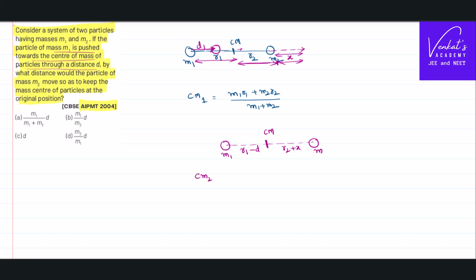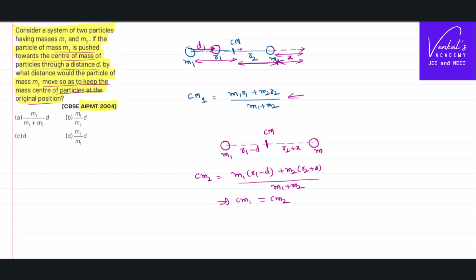The new center of mass equation we can write as m1 of (r1 minus d) plus m2 of (r2 plus x), by m1 plus m2. The question is, by how much I have to move to keep the center of mass at the original position. That implies the center of mass of the first case equals the center of mass of the second case.